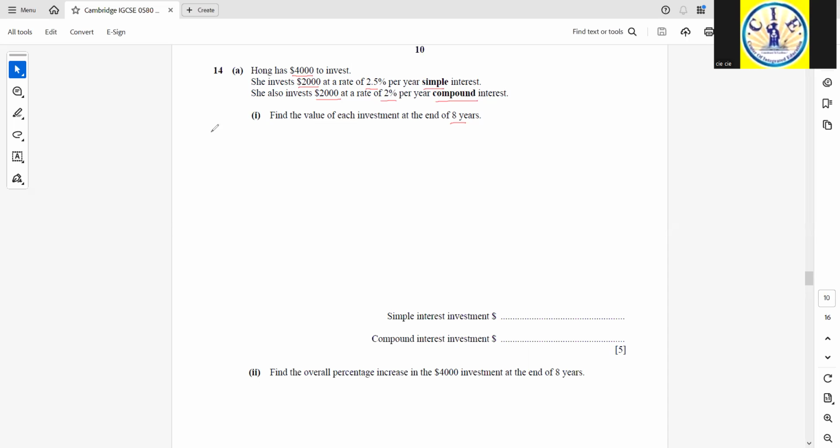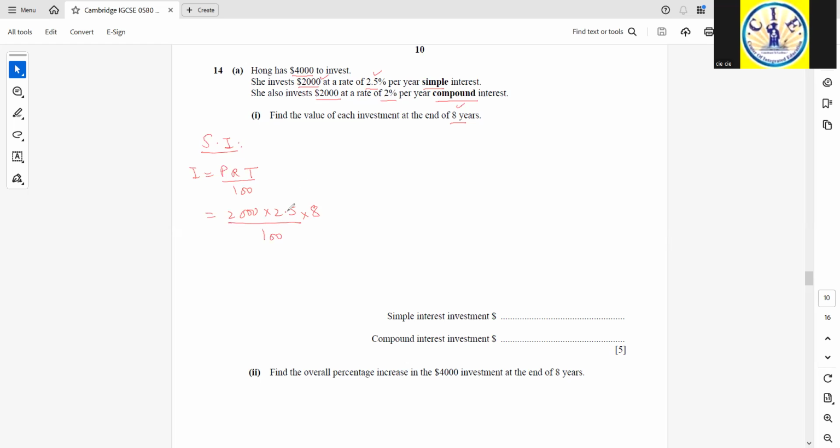Okay. For simple interest, I can have I equals PRT divided by 100. That is 2000 times rate, that is 2.5. This is P, and then time, that is 8, divided by 100.